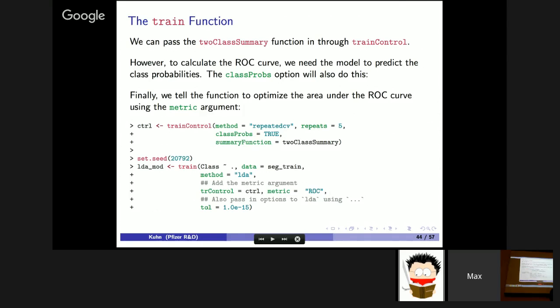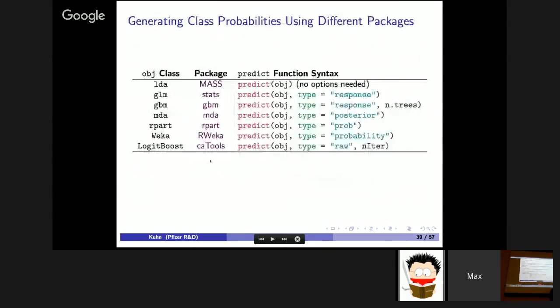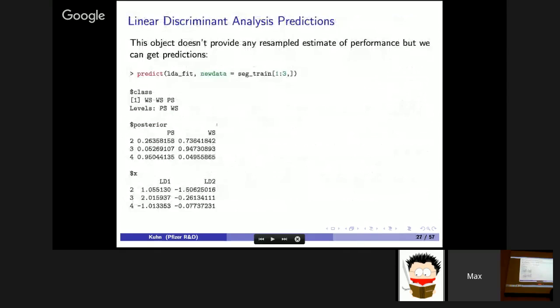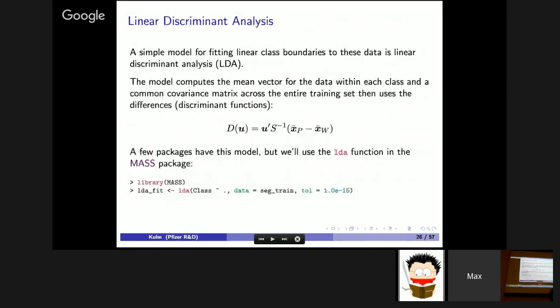So this last little option here, tol, is not an option for the train function. It's an option for LDA. So if we go way back here, we fit LDA, we passed in this option, okay? And so what's nice about when you call train is any argument you give it that is not an argument to train gets passed to the underlying modeling function. And so that's really beneficial.